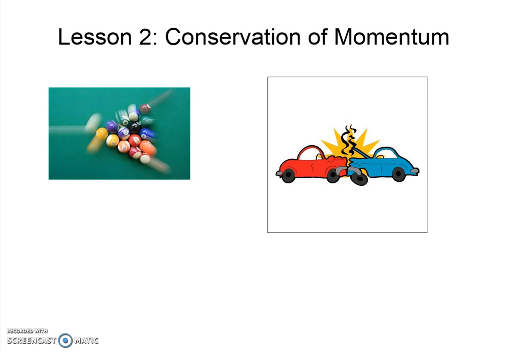Hopefully you have experience playing billiard ball games, like the 8-ball game. It is really fun, and the reason is that this is where we see direct evidence of conservation of momentum. The game starts with the white ball having direct contact with a player's cue.